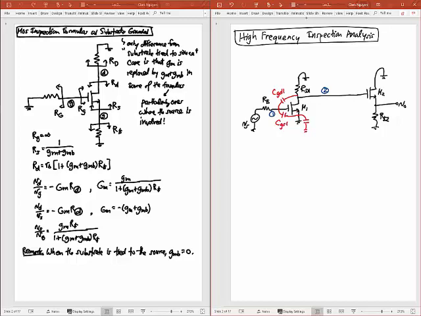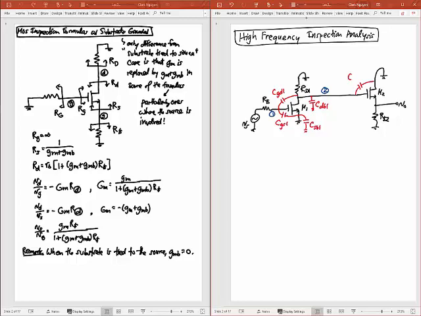I'm doing this mainly because if you get to take 140, they will talk about these capacitors as well. So the junction capacitor from the source junction to the bulk, remember that's a depletion region capacitance, so I'll call that CSB1. And then I've got another depletion region capacitance here that's going from the drain to the bulk, so I'll call that CDB1. Okay, same capacitors for transistor M2.